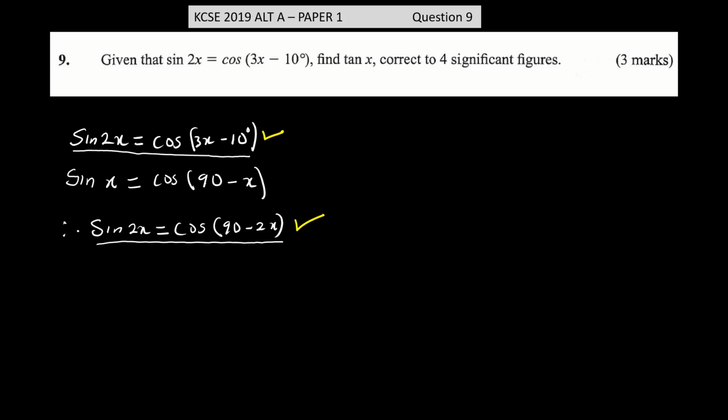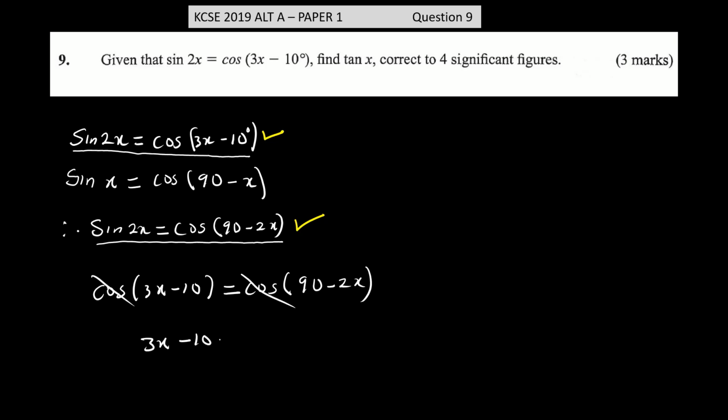Then we relate. So we can say that cos 3x minus 10 equal to cos 90 minus 2x. And here cos can cancel out cos. We now have 3x minus 10 equal to 90 minus 2x.